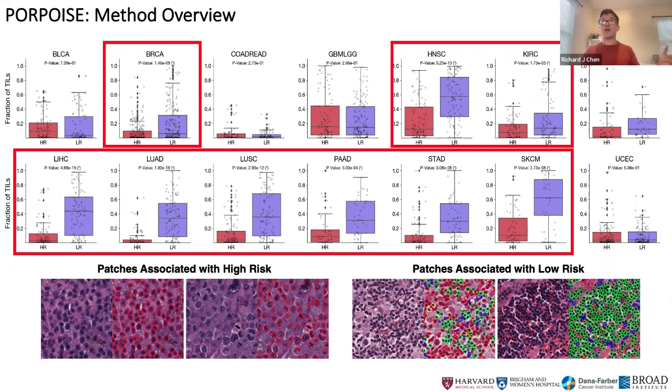Across 9 out of the 14 cancer types, we found that tumor immune co-localization is statistically significantly increased in lower risk patients, the patients in the bottom fifth, all the patients in blue. This corroborates a lot of known literature on the prognostic utility of TILs.